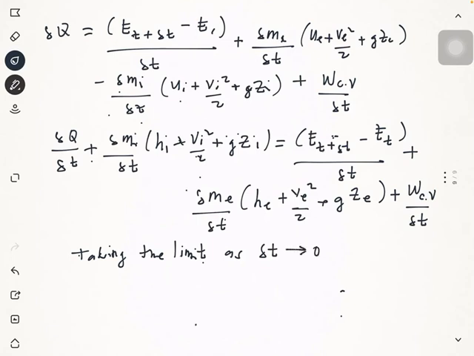We have this limit: the limit of Q over t as t approaches 0 is equivalent to Q_cv here.